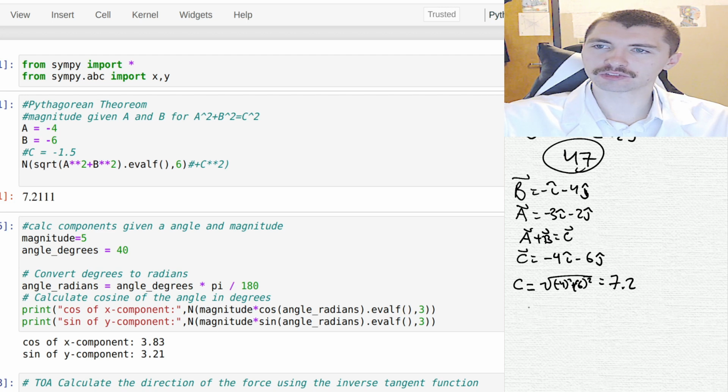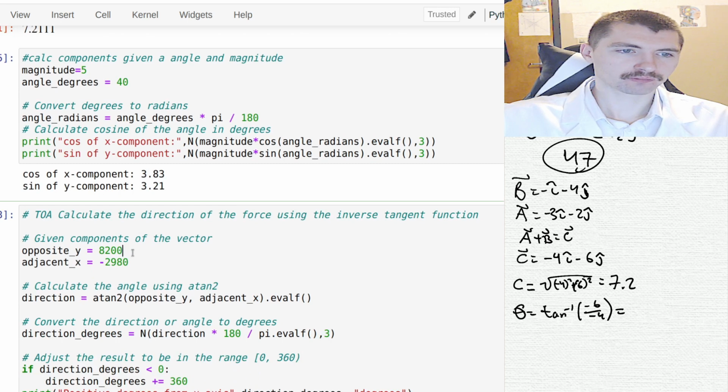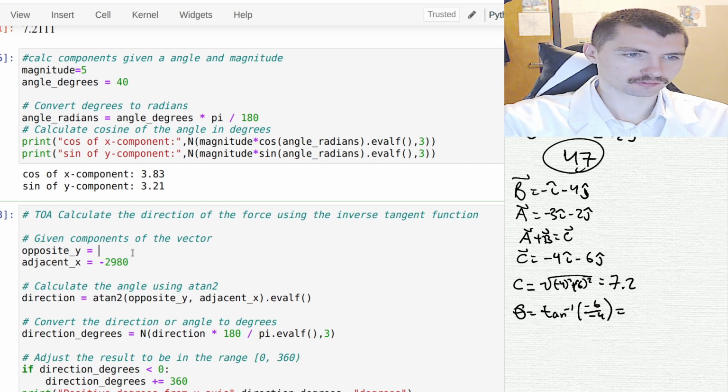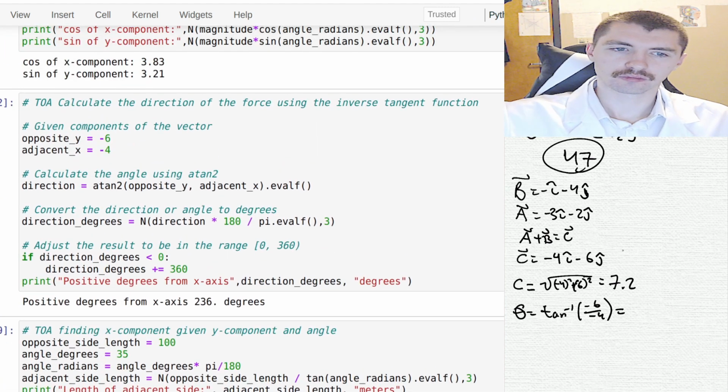Now we want to find the angle of this, so that's going to be inverse tangent of -6, -4. It's 236 degrees.